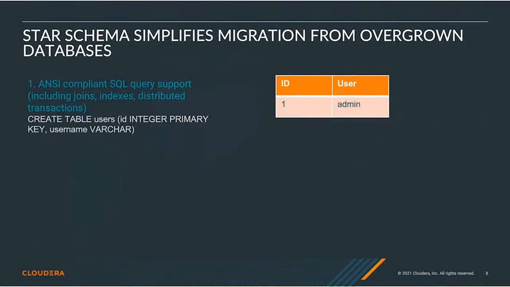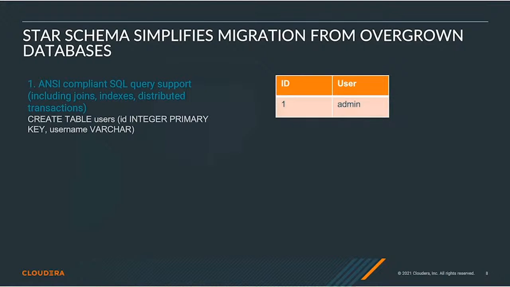Now let's walk through an example of star schema coexisting with evolutionary schema. In this case, we're going to create a database and a table using standard ANSI SQL. Create table users, with an ID and an admin. So here we have an example of star schema along with evolutionary schema.